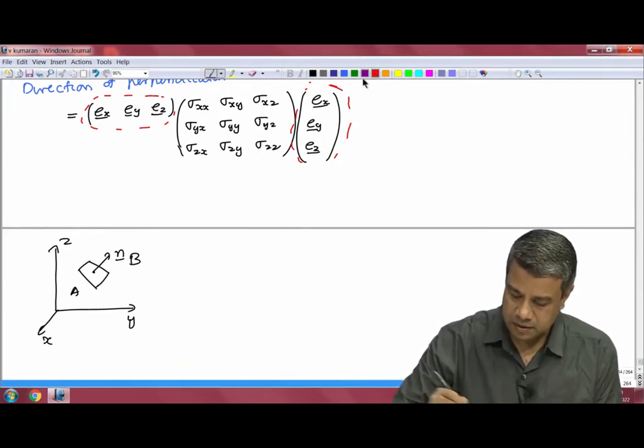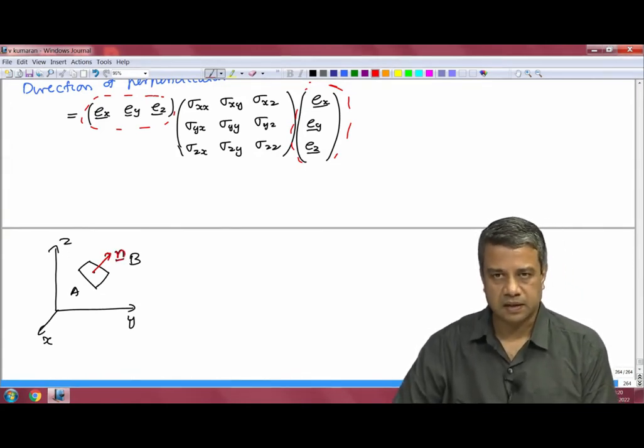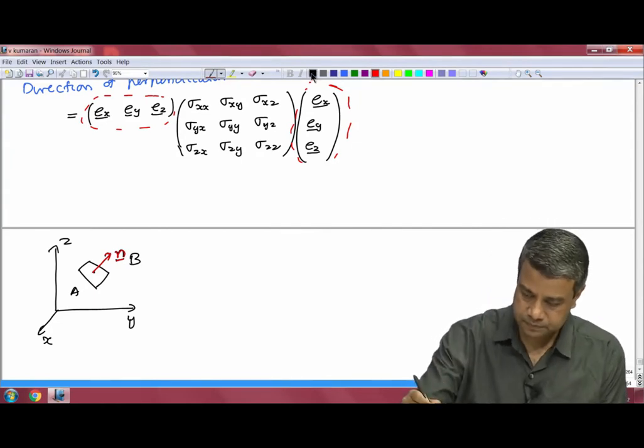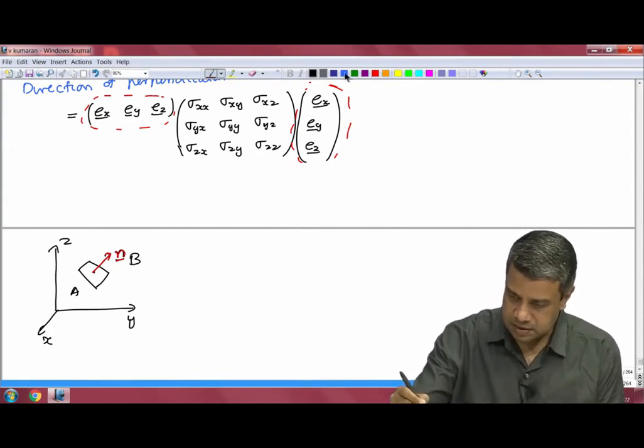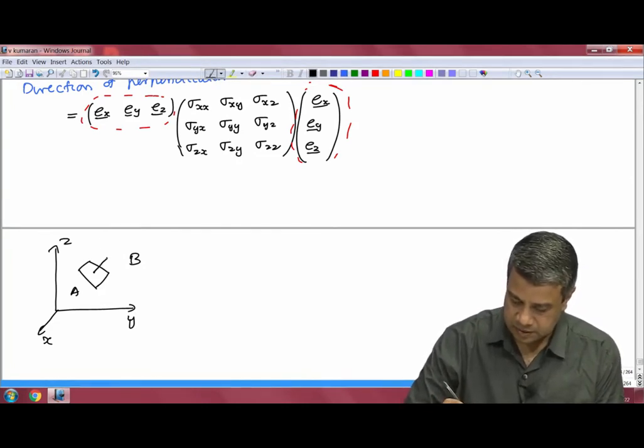The outward unit normal to the volume A is n.